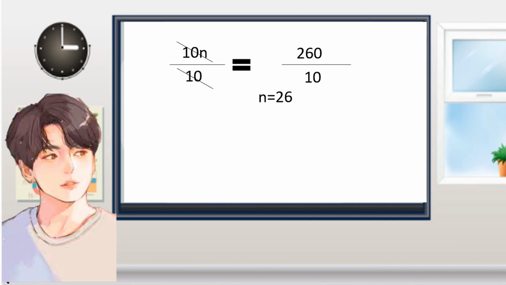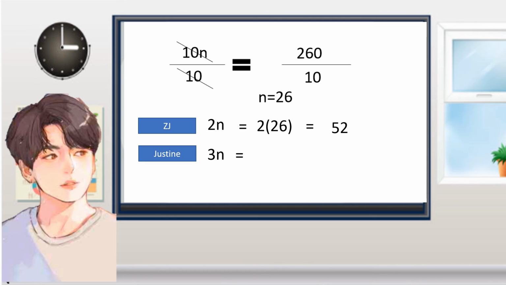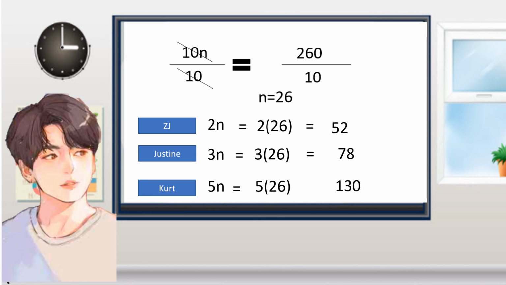So this is not our final answer. For CJ, we have 2n, which is 2 times 26, so CJ will get 52, and Justin, 3 times 26, we have 78. For Kurt, we have 5n or 5 times 26, 130. If we check it, 52 plus 78 plus 130, we get 260. So our answer is correct.